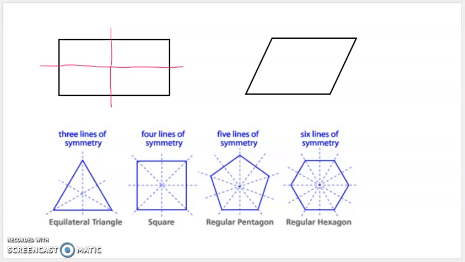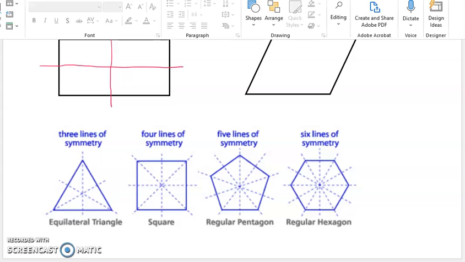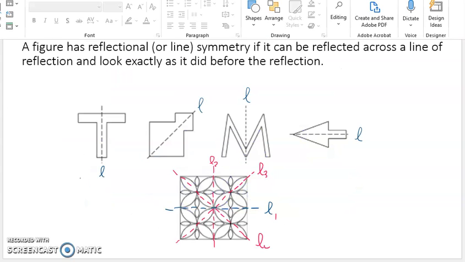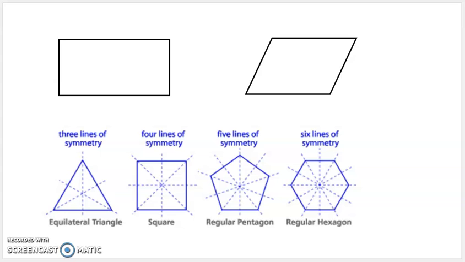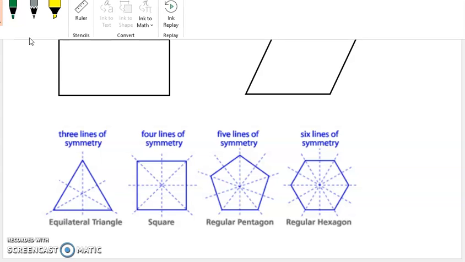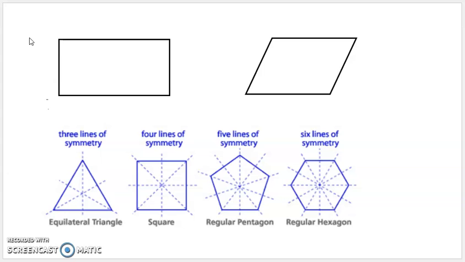So those 2 lines of symmetry. But how about the diagonal? I'm going to erase that, and I'm going to draw the diagonal in on this. So the diagonal would look like this. And is that diagonal a line of symmetry?